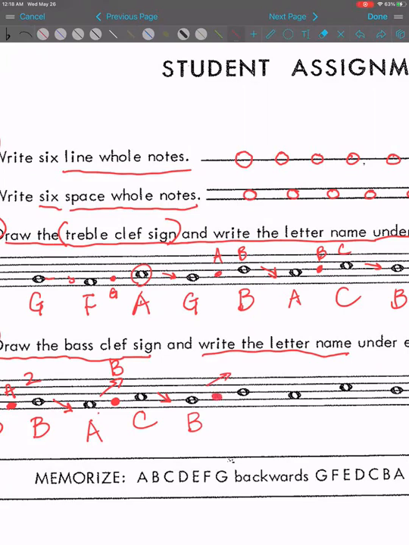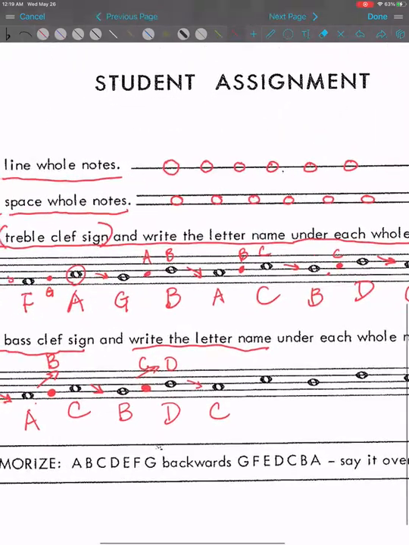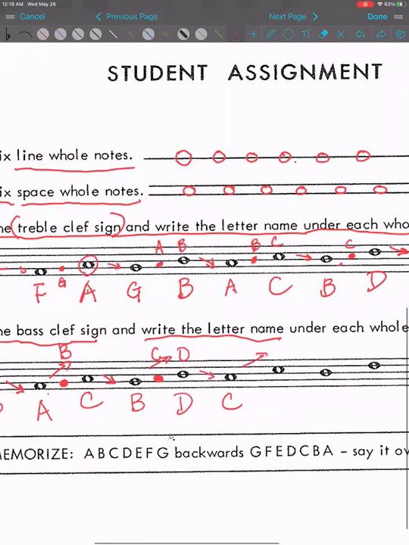So B, C, that will be D. Next one, D coming down a note, so it's the letter before D, that will be C. And then the next one, we're going up, and it looks like they are both space notes, so there's a line note in between them, so we have to count C, D. The next note is E.